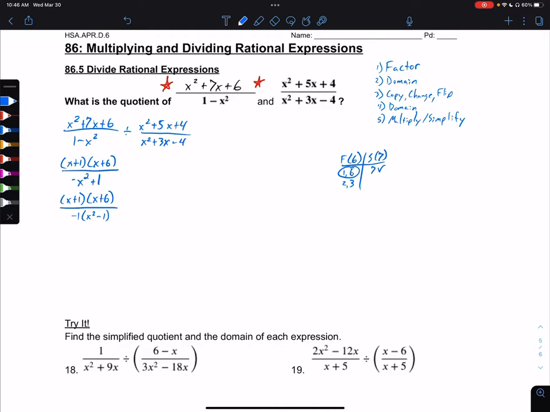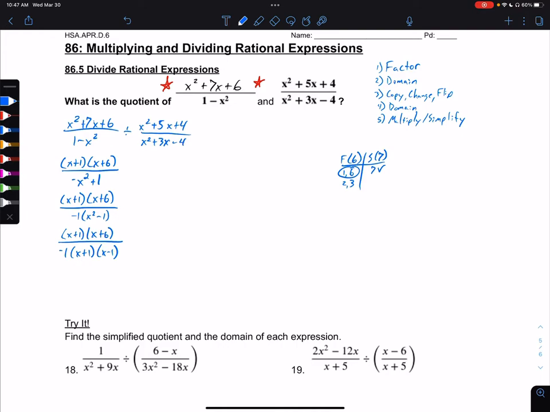And now we have the difference of squares. Again, we can keep the numerator. My denominator, x squared minus 1, is the difference of squares, so that factors into x plus 1 times x minus 1. All right, a lot going on there, but we have the fully factored form.